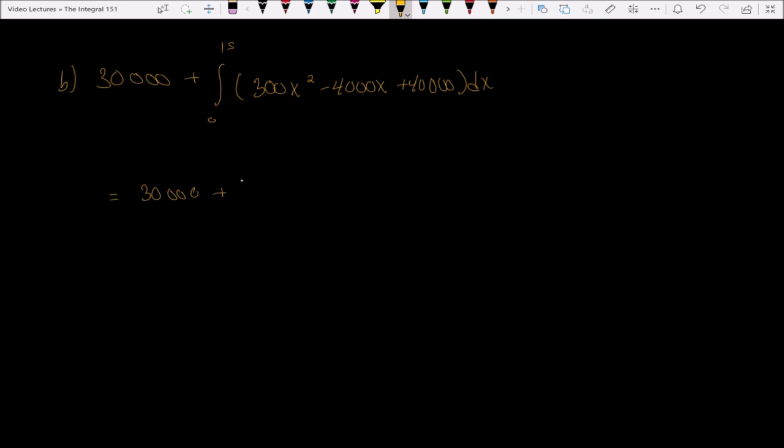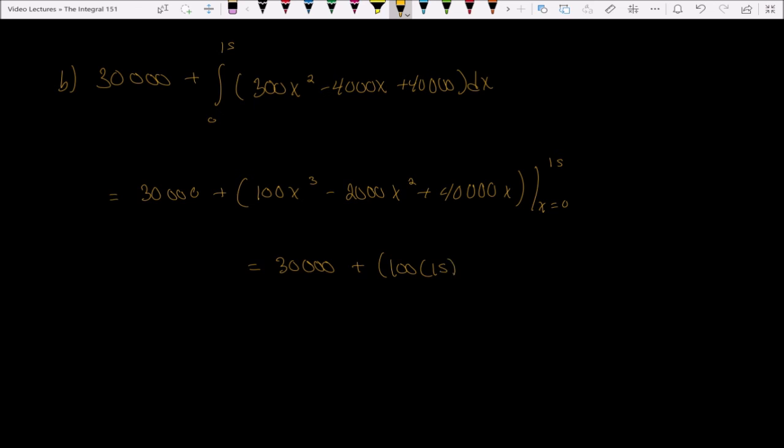So it'd be 30,000 plus that 100x cubed minus 2,000x squared plus 40,000x, evaluated x is 0 to 15. And 30,000 plus 100 times 15 cubed minus 2,000 times 15 squared plus 40,000 times 15.